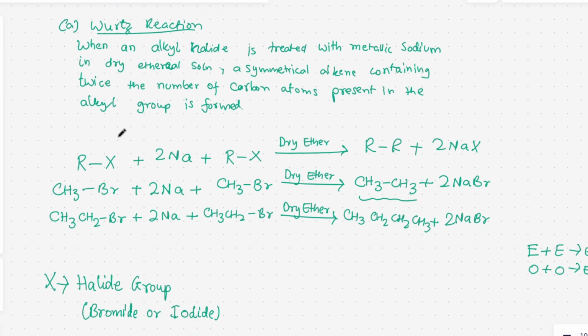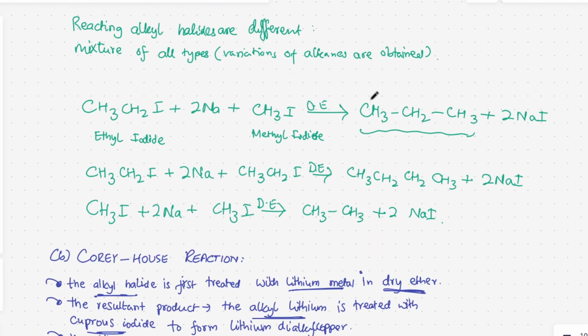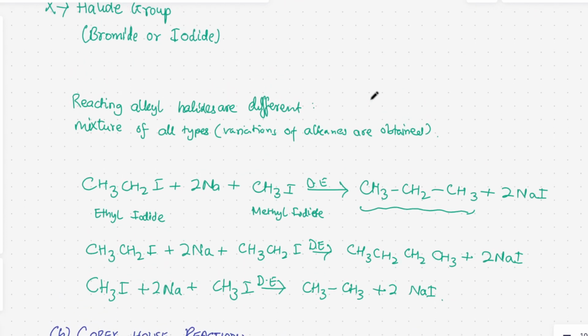Then we moved on to the Wurtz reaction, which stated that an alkyl halide, when treated with metallic sodium in dry ethereal solution, will give a symmetrical alkane containing twice the number of carbon atoms present in the original alkyl group. So we could see how that procedure would work very easily, and that it is not very suitable to produce unsymmetrical alkanes with an odd number of carbon atoms.